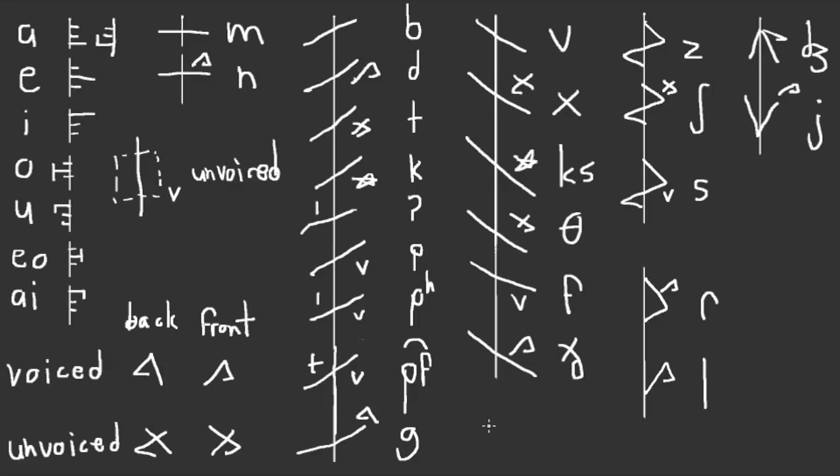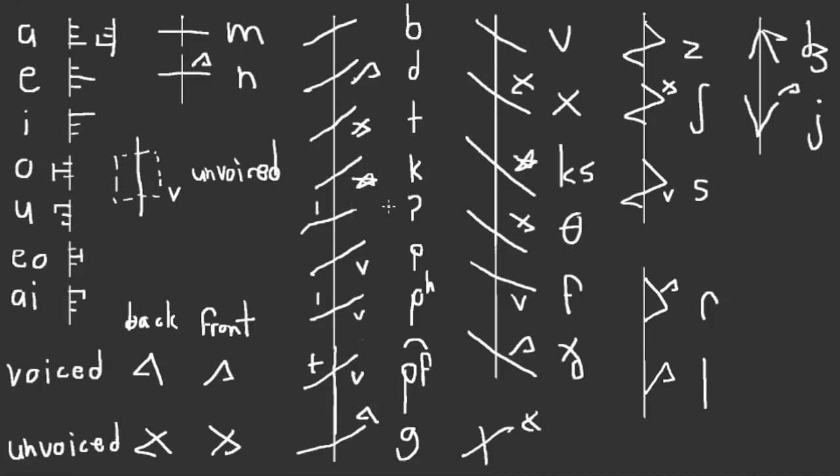Actually, that makes you wonder why isn't the K sound done something like this, for example? And the answer is, I'm not sure. That's honestly the answer. I've just seen that for the sound for K, they use it like this with a star diacritic.